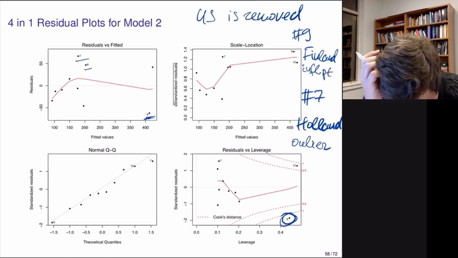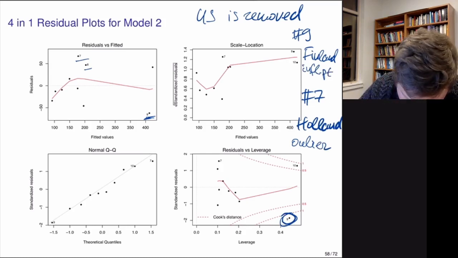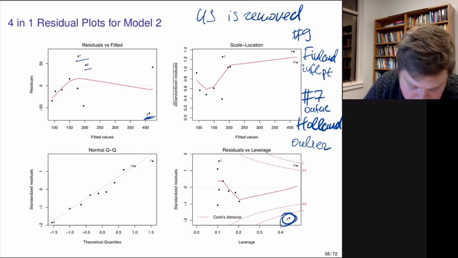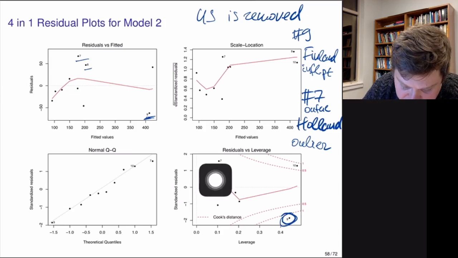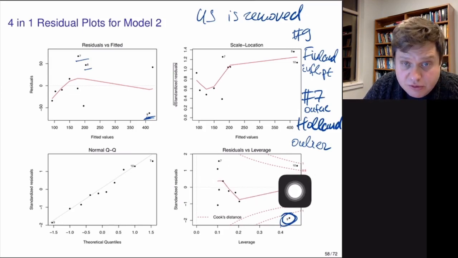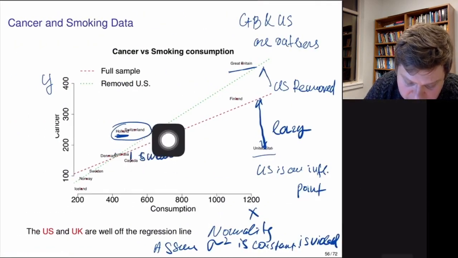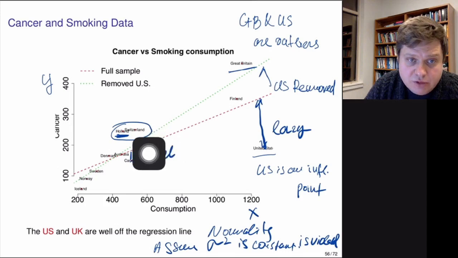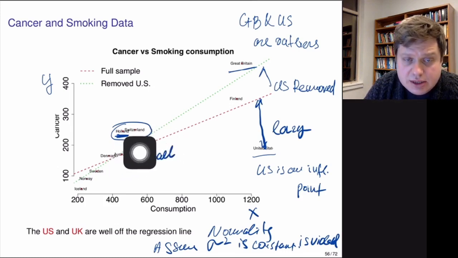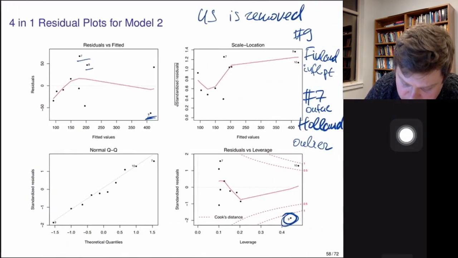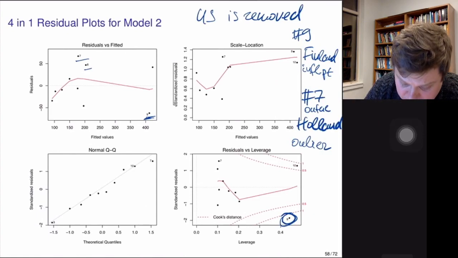And Finland is also an outlier. So Finland is an outlier and an influential point, and Holland is an outlier but not an influential point. So you see that the Cook's distance for observation number 7, which is Holland, is less than 0.5. And again, you remember we talked that usually points that are close to the middle, to the X bar, Y bar, will not be influential points. So if we remove Holland from this data set, then this green line won't change significantly. So Holland is an outlier, but not an influential point.